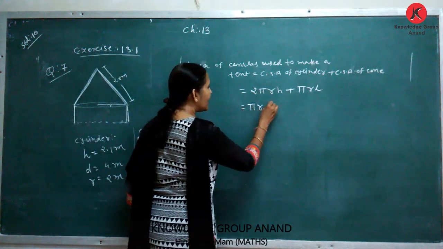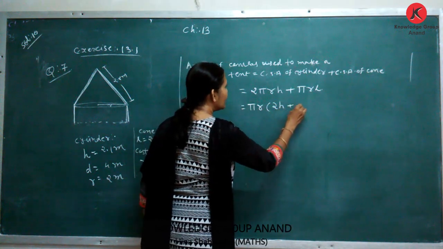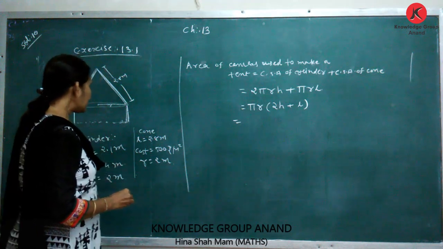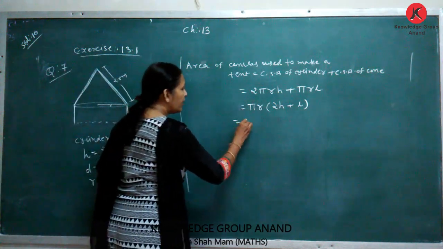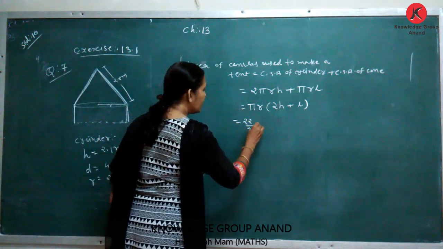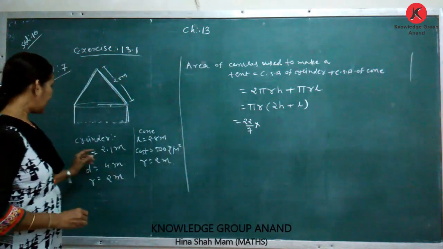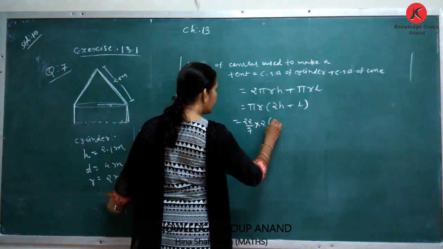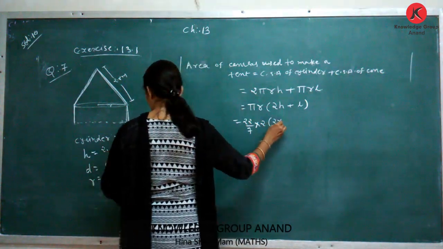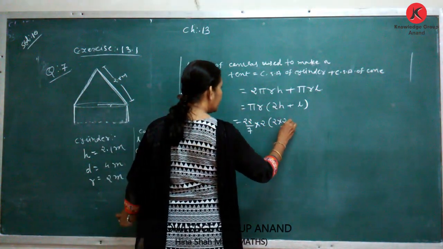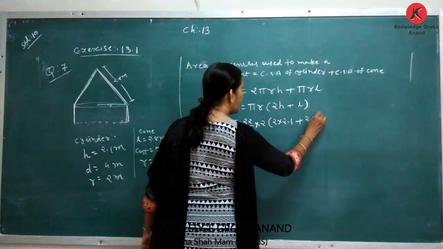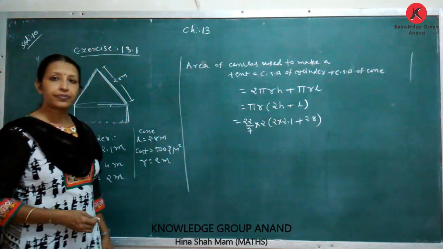Then we write pi r into bracket 2h plus l. Pi is equal to 22/7 into r, r is equal to 2, 2 into height 2.1 plus l is equal to 2.8.